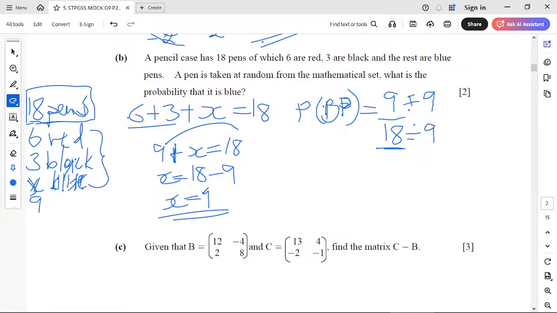I looked for the highest common factor of 18 and 9, a number that can go into 9 and 18 without leaving a remainder. And I found that 9 itself can go into 9 and 18 without leaving a remainder. So 9 divided by 9 gives us 1, and 18 divided by 9 gives us 2. And this is the probability of picking a blue pen in the bag that contains 18 pens.